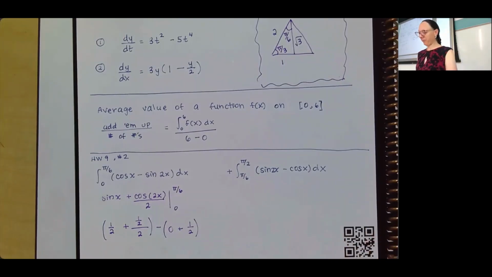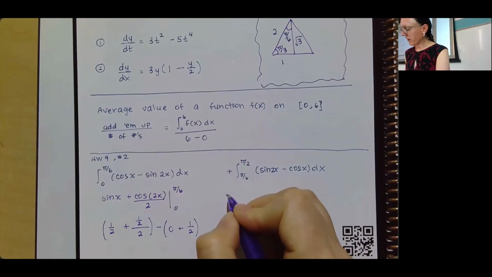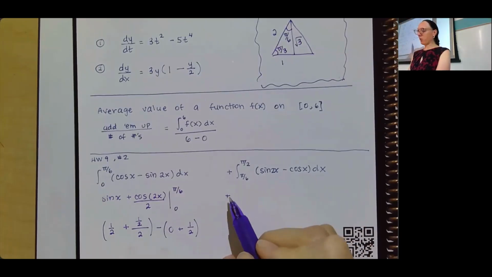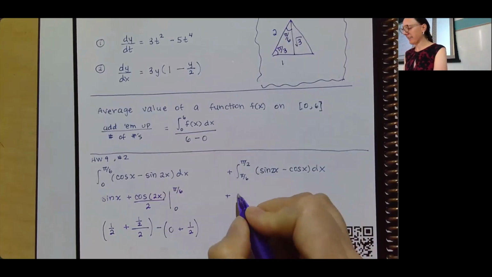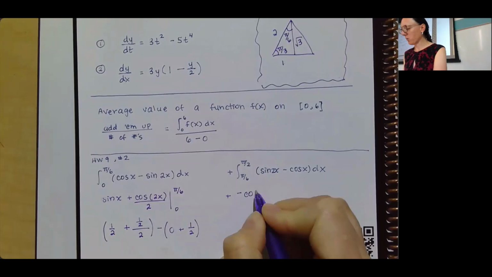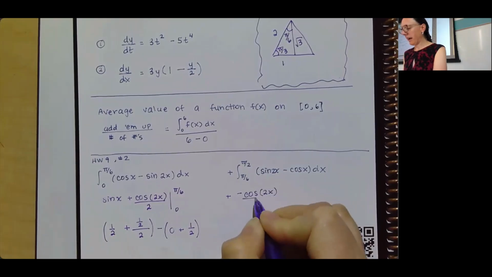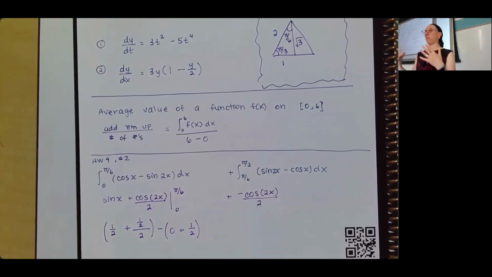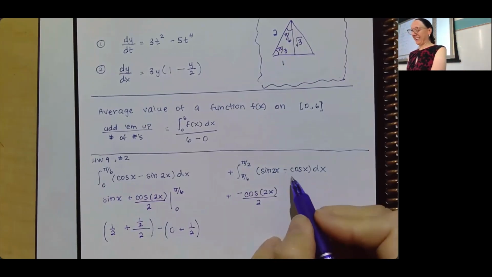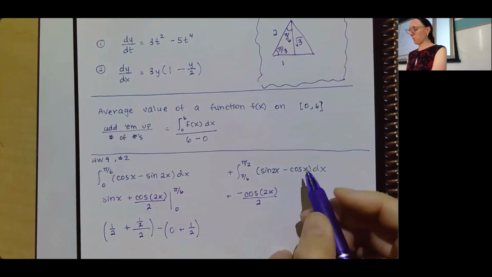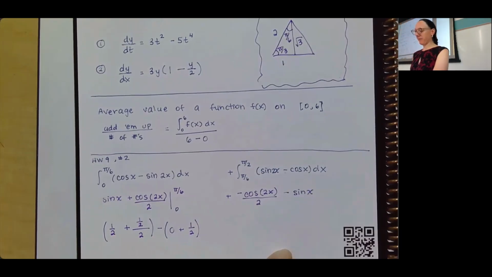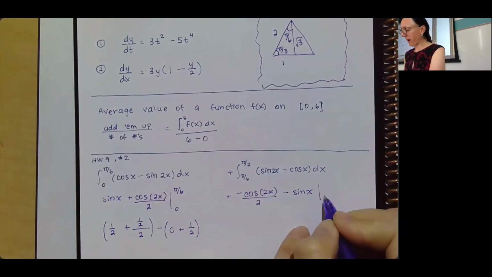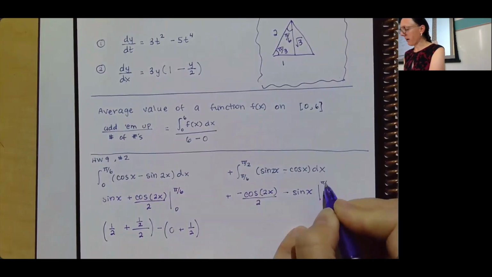So my other integral, if I'm asking myself whose derivative is a positive sine, that's going to be a negative cosine. And I'm going to have to divide by 2 to correct for that chain rule part. Whose derivative is negative cosine? That's negative sine of x. And we're going from pi over 6 to pi over 2.